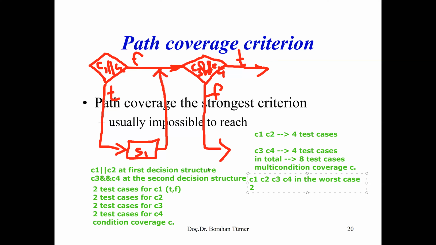We have four predicates that may lead to 2 to the power of 4 different paths, which is equal to 16 paths. All right.